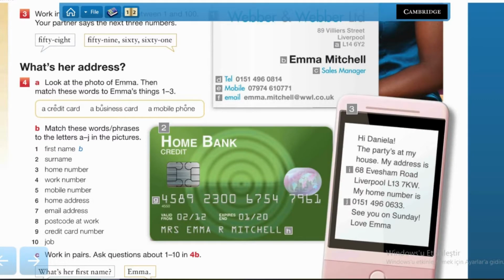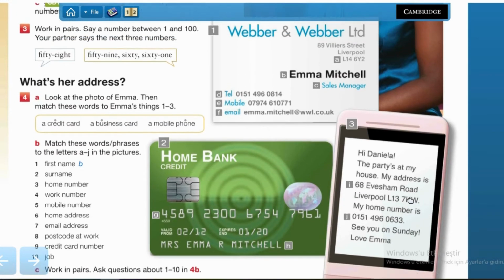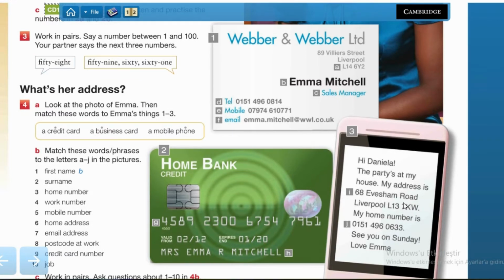Look at C. What's her home number? Her home number is on number 1. Is it on number 2? Or is it on number 3? Home number, of course, it's not on number 2. And this is her work address.